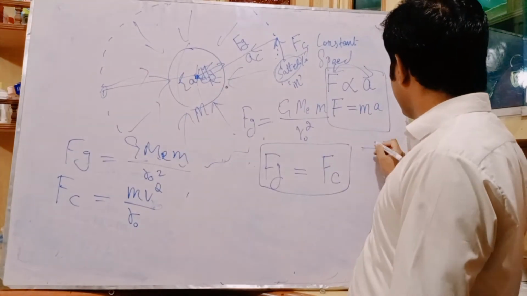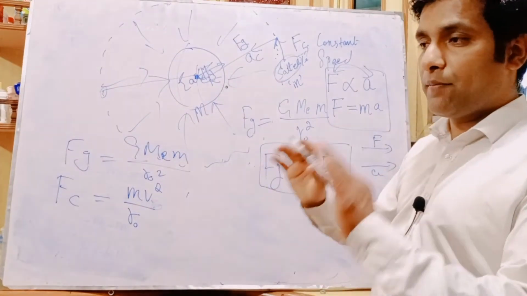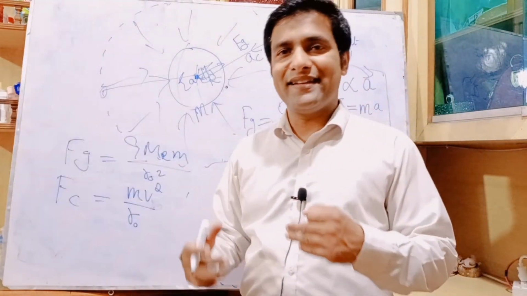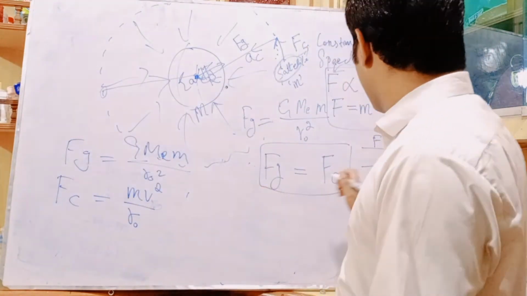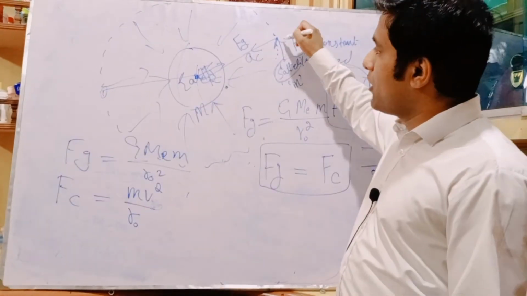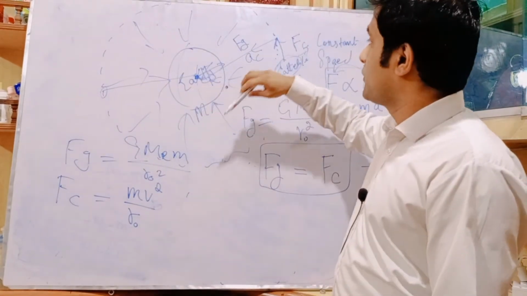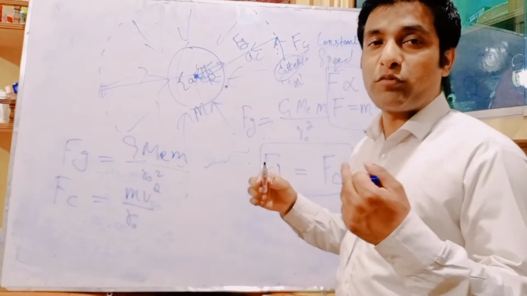If force is here, the acceleration will also be here, because when we apply a force on some body, the body moves ahead and acceleration is produced in the same direction as the force. So acceleration and force have the same direction. When a body moves in a circular path, first we need to find which force is providing the centripetal force.